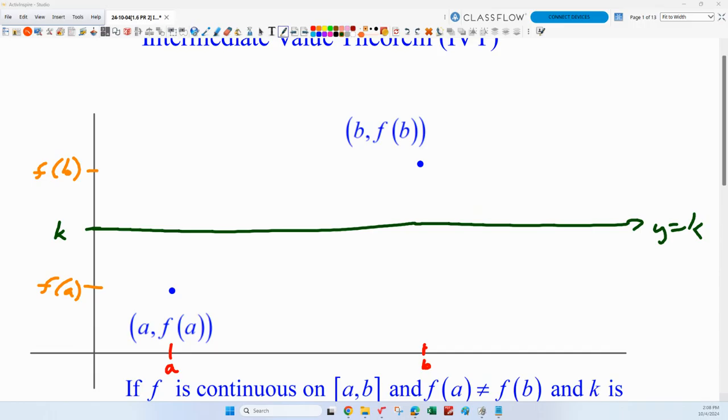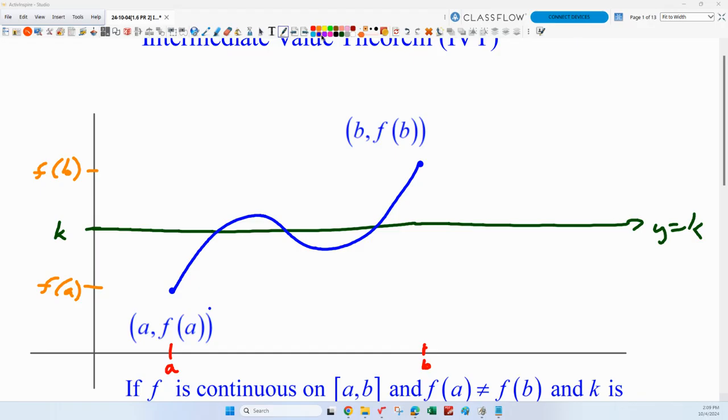Yeah, it's going to essentially guarantee that the function f has to cross k at least once inside that interval between a and b. Doesn't that make sense? If I can't draw the function from a to b without picking my pen off the board, and it's a function so it doesn't violate the vertical line test, then there's no way I could possibly connect these dots without crossing through that horizontal line at least once, maybe multiple times, right?